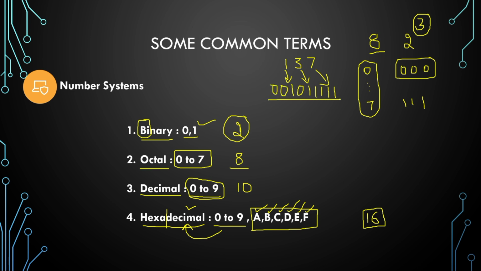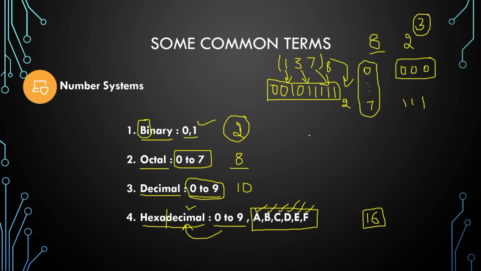So this is how we represent 137 base 8 in terms of binary, that is 001, 011 and 111. Means directly we are converting each digit of the octal number into binary.